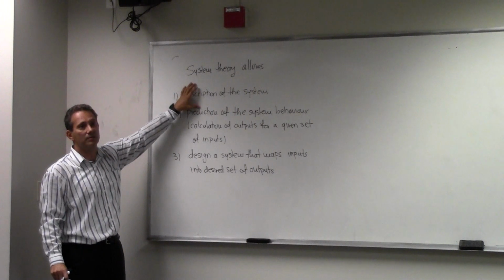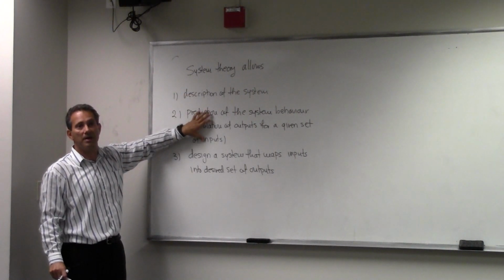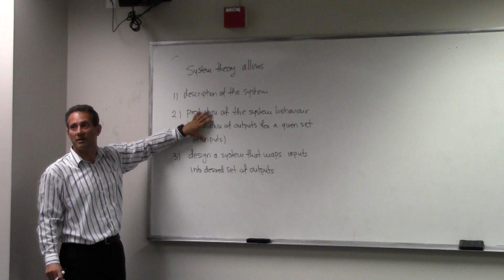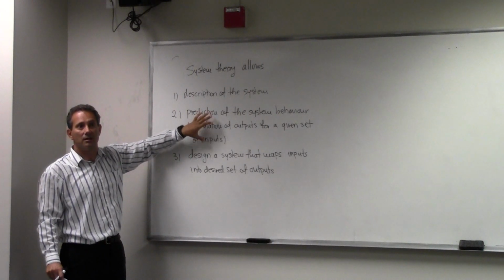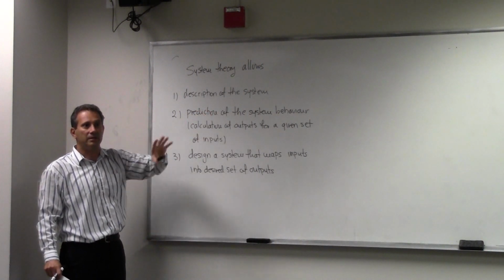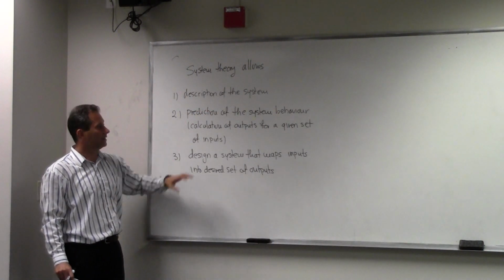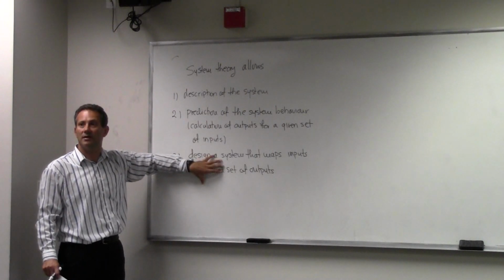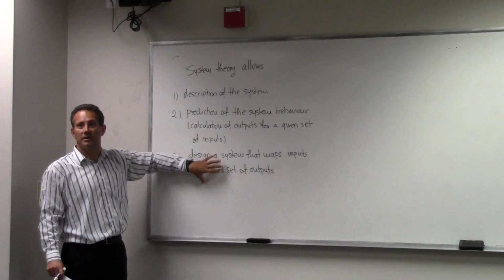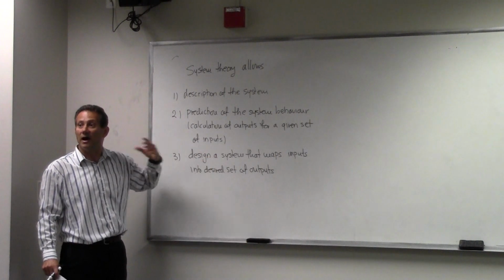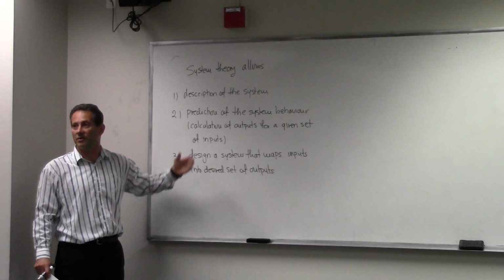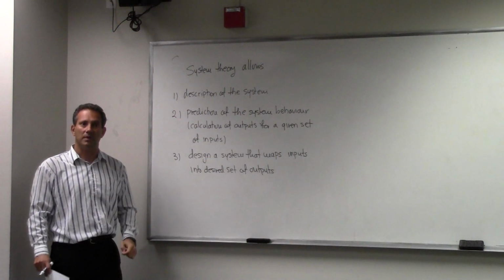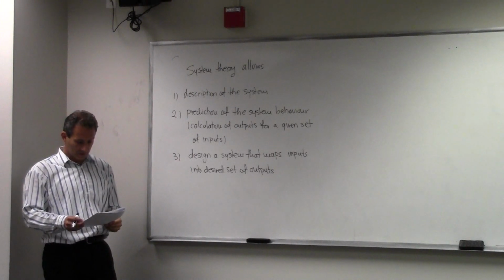So that's a description of the system. Analysis is I'm able to predict every voltage and current, power, whatever I want to predict in this particular circuit. And the last thing is I want to design a low-pass filter that has these characteristics. What does this filter look like in terms of equations, and then later on we make it a physical reality.